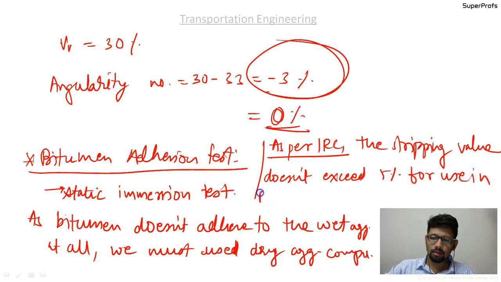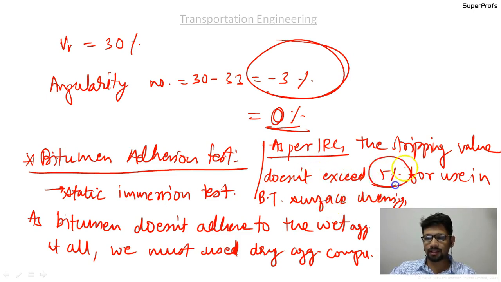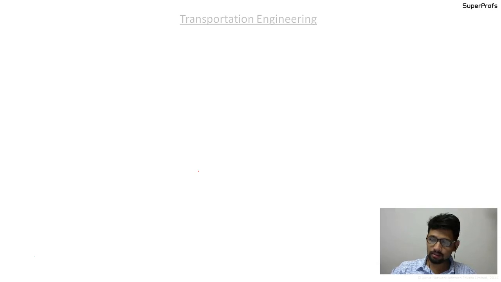And for penetration macadam and bituminous macadam constructions, the aggregate is immersed in a water bath at 40 degrees Celsius for 24 hours. I guess this specification is sufficient: the stripping value should not exceed 5% for use in bituminous surface dressing. Okay, so let us now move on to discuss the bituminous materials.